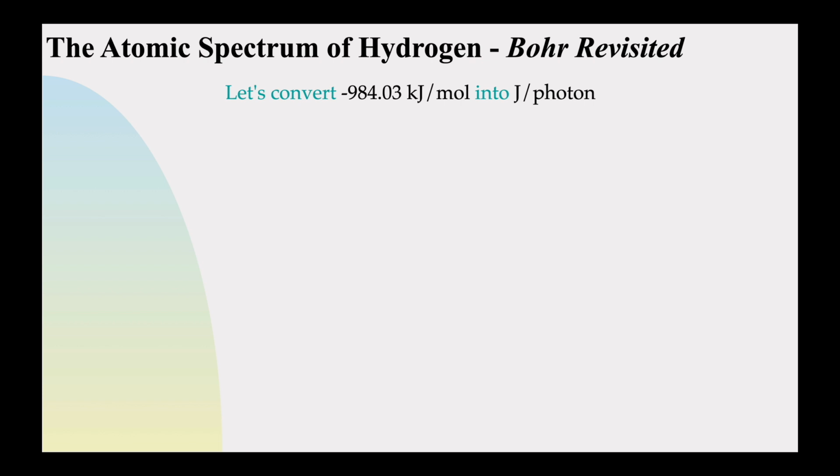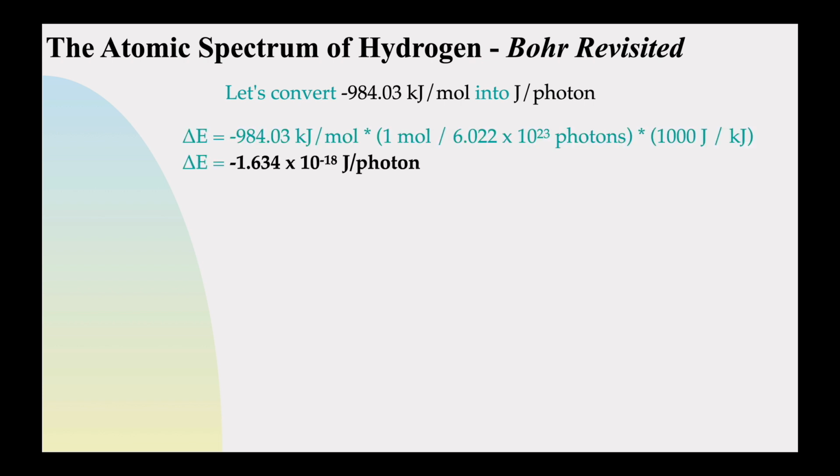Let's convert negative 984.03 kilojoules per mole into joules per photon. Okay, so kilojoules to joules, we've probably done already in the calorimetry, the energies chapter. We can go moles of photons into just photons using Avogadro's number. So let's start with negative 984.03 kilojoules per mole.